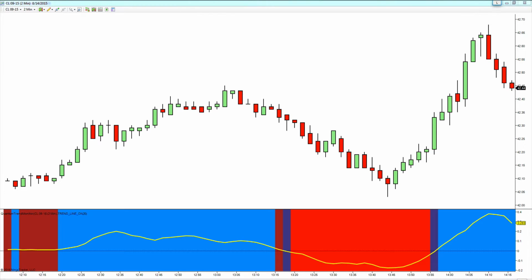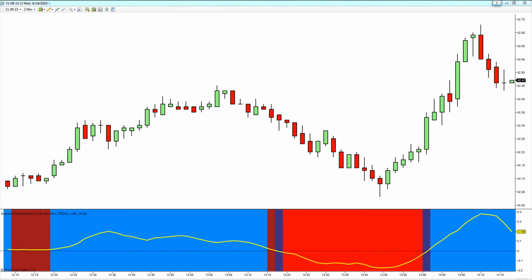If you've already seen the videos on the trends indicator, you'll know that that works very close to the market. The trend monitor takes a more considered view. It's the macro and micro view, if you like, of a trend. And they work brilliantly together.